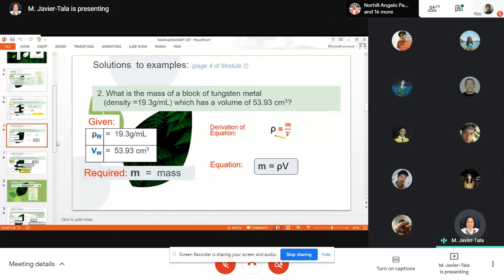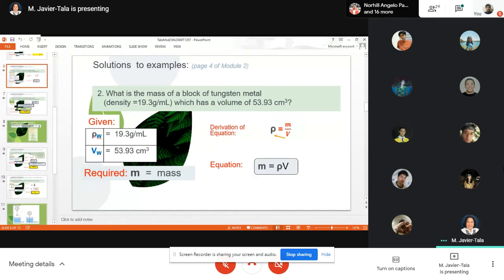For the next example, class, we will do some derivation. For number 2, what is the mass of a block of tungsten metal? You're given the density, 19.3 grams per ml, and the volume of 53.93 cubic centimeters.